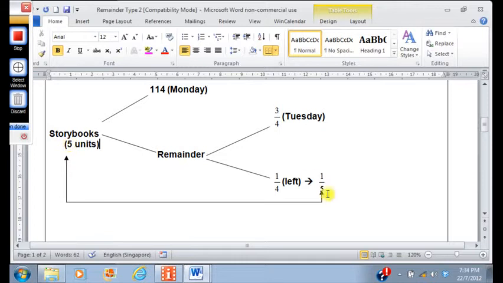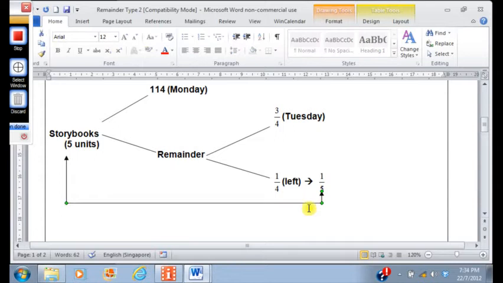Can you see this 5 goes to here? Okay, let me shift this thing a little bit down. Yes, this is 5 units.